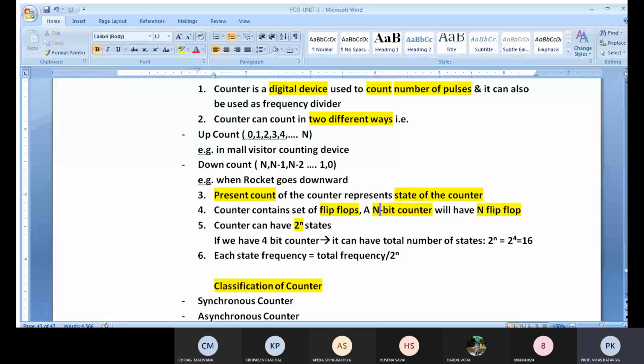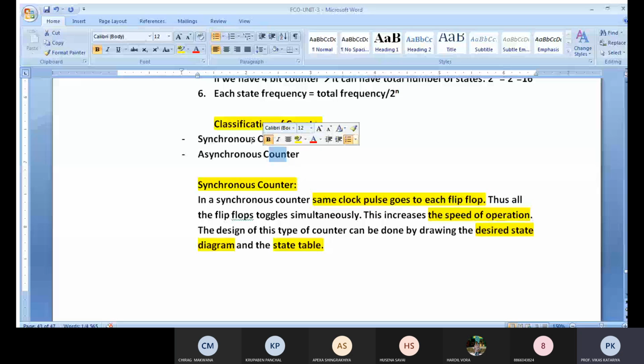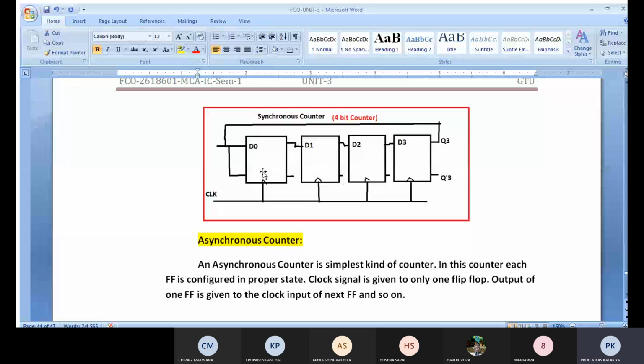Now we did the classification of counters. There are two types: synchronous and asynchronous. We had already discussed this in the previous lecture. When the clock goes to all the flip-flops, it is called a synchronous counter. The design of a synchronous counter is something like this: there are 4 flip-flops connected to each other with some combinational circuits, and there is a clock which provides a simultaneous clock to all the flip-flops.